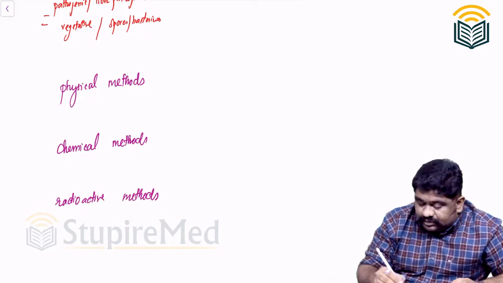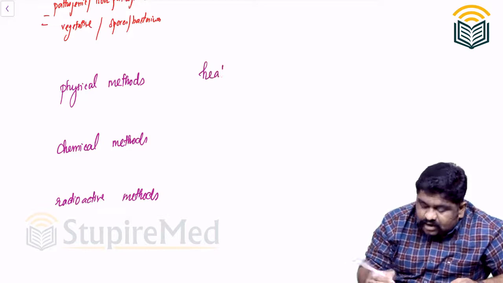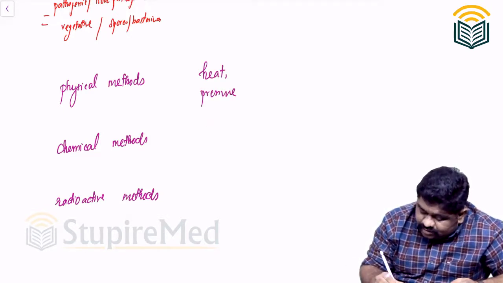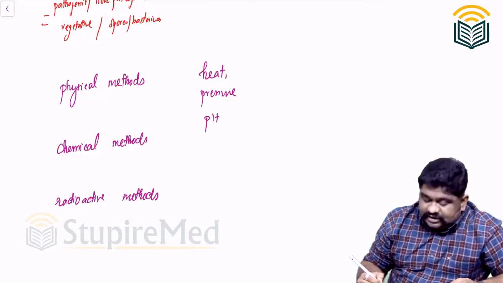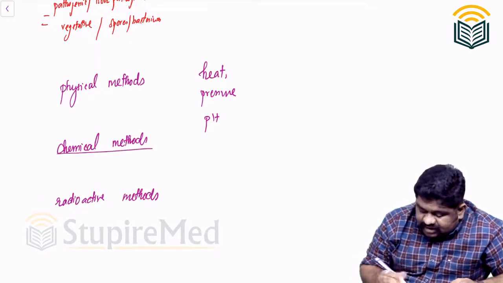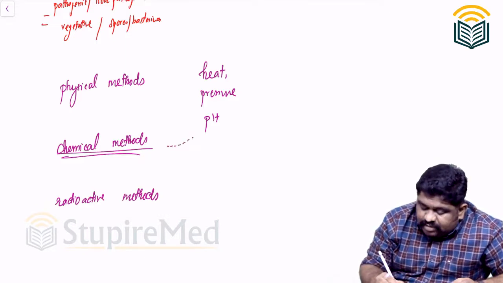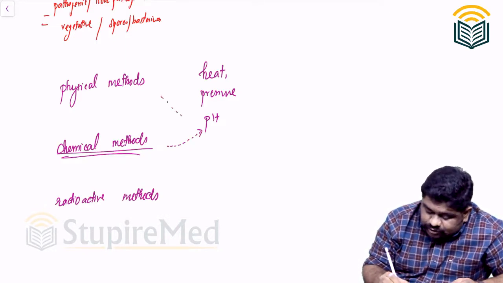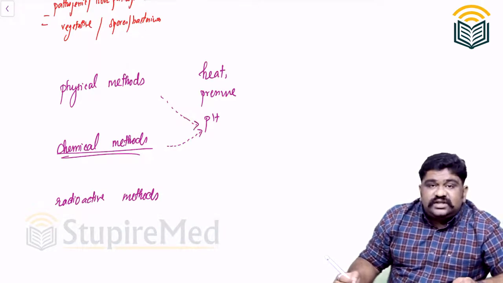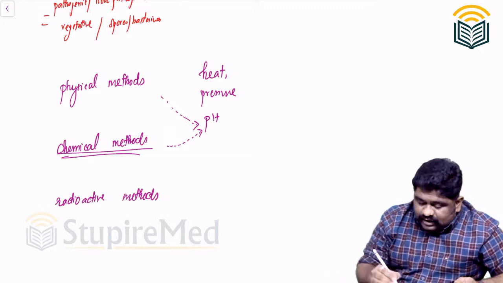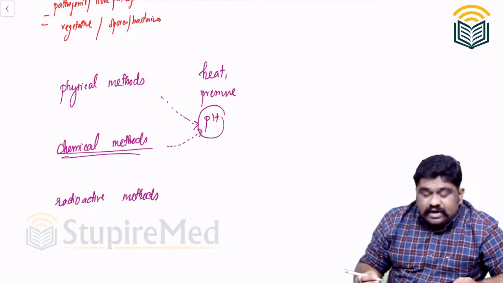When I use the word physical method, heat comes into the picture, pressure comes into the picture, pH also comes into the picture. But if that pH alteration is done by any kind of acid or base, then it can be a part of chemical methods also. So alteration of pH that can render an organism less dangerous or non-viable can come under both physical methods and chemical methods.